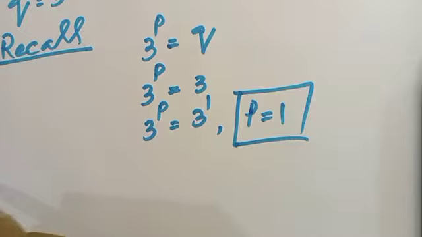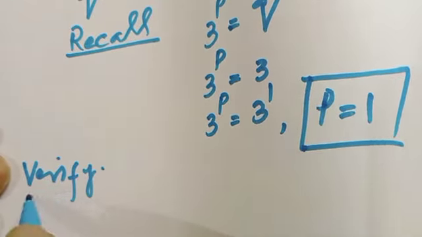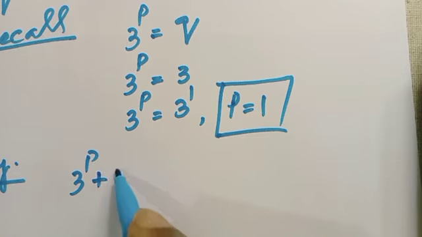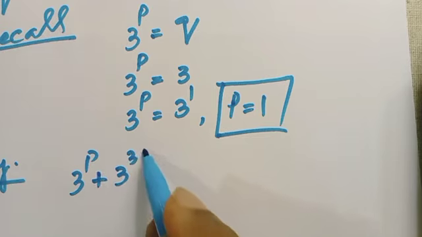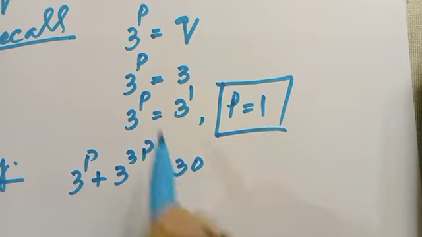Verify. You can verify it. The problem statement is 3^p + 3^(3p) = 30.